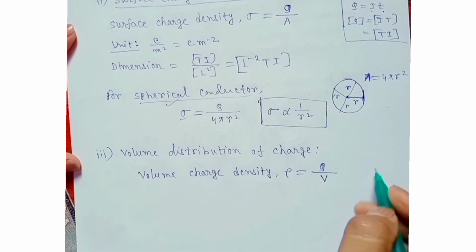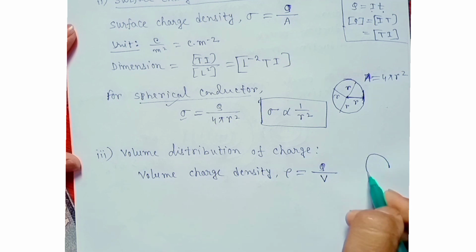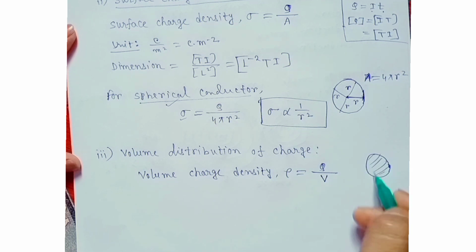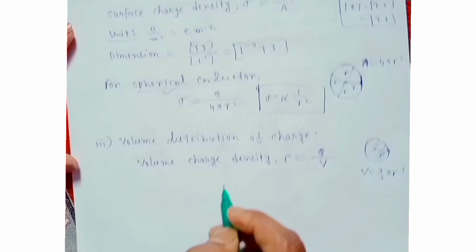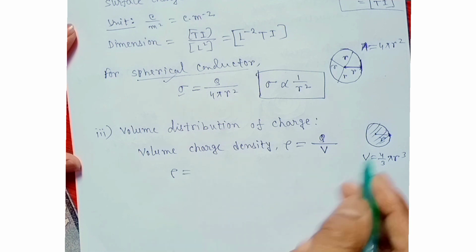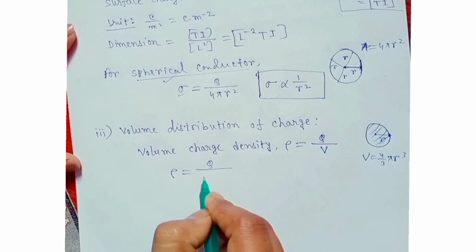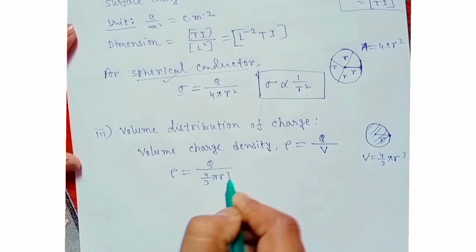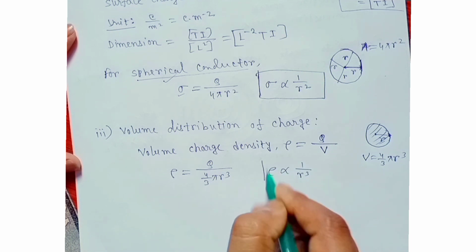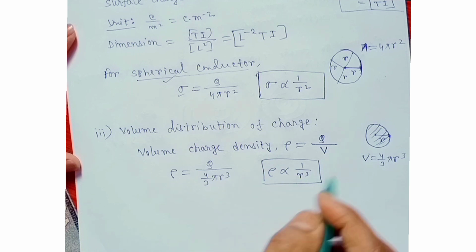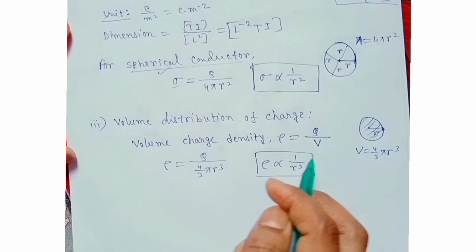Let us consider a solid sphere of radius r. Then it has the total volume 4 by 3 pi r cube. Then the volume charge density for this solid sphere will be q by 4 by 3 pi r cube. So volume charge density rho is inversely proportional to the cube of the radius of the spherical conductor.